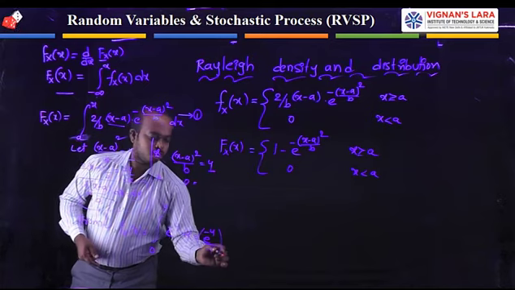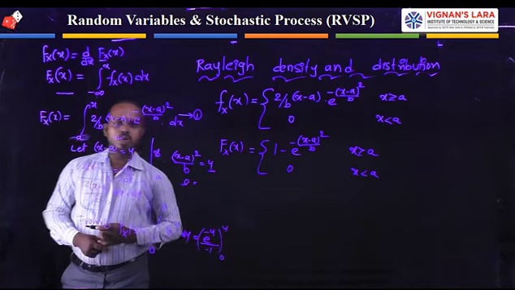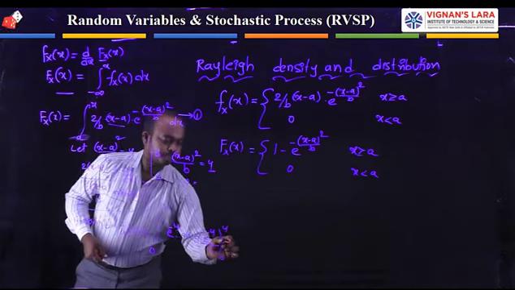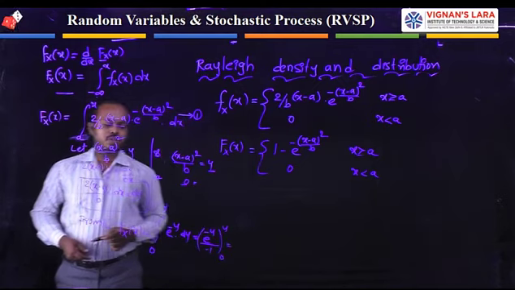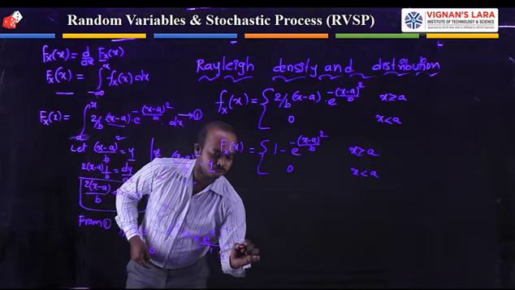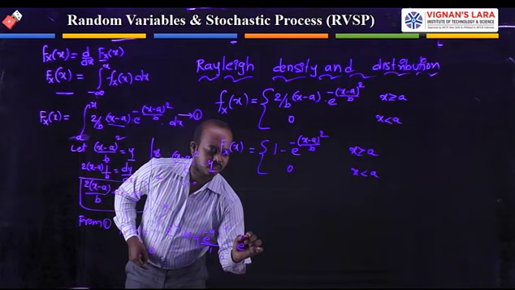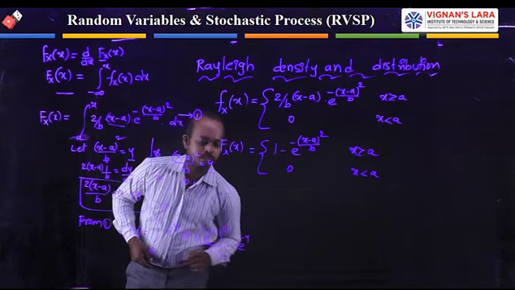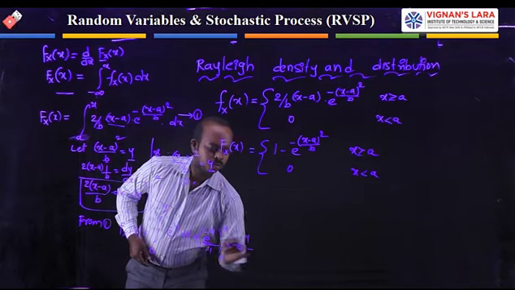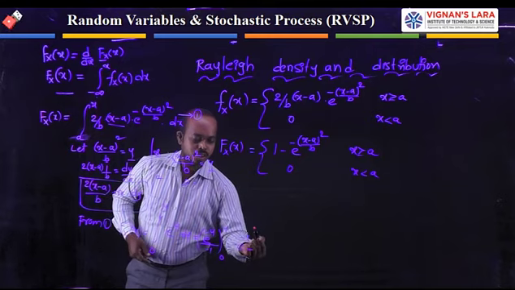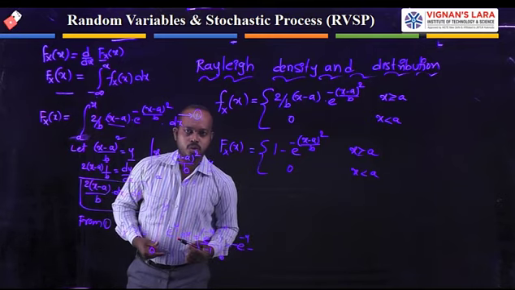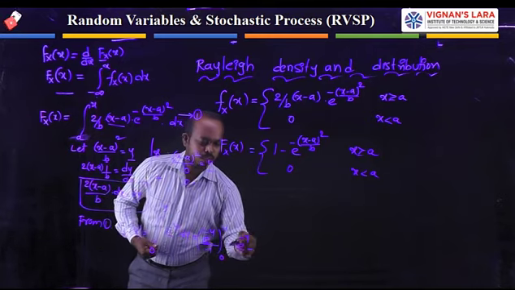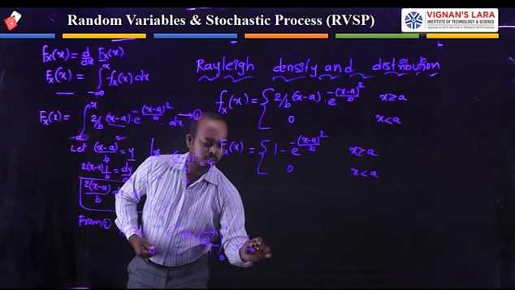The limits are 0 and y. Here you can substitute the limits. Higher limit is y, that's why I am writing e power minus y, with the minus sign. Next is minus the lower limit. Already we have the negative sign, due to that the negative becomes a plus, that's why I am writing e power minus 0.